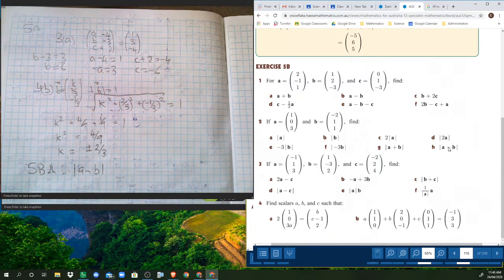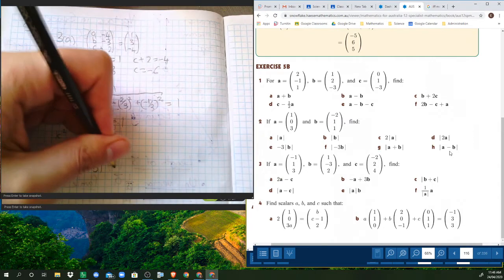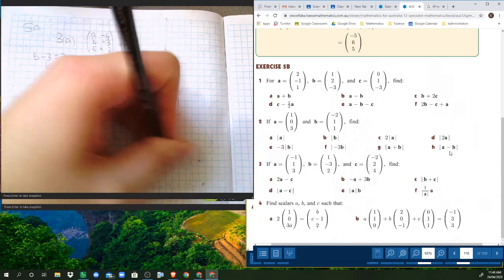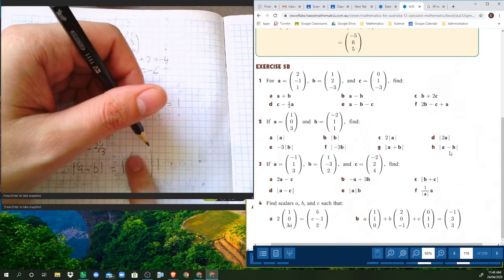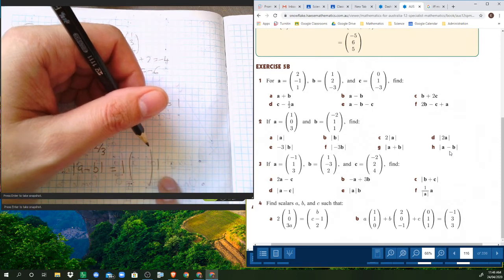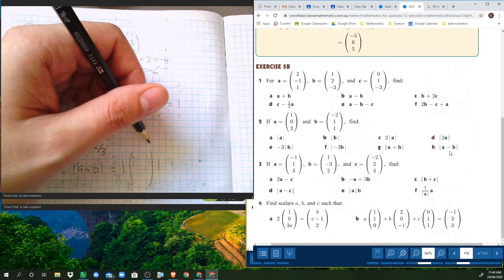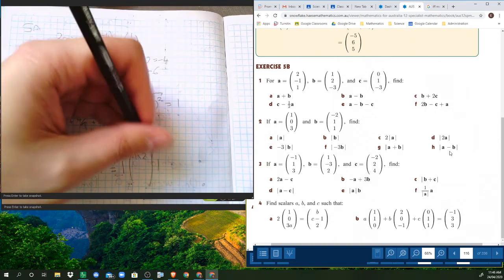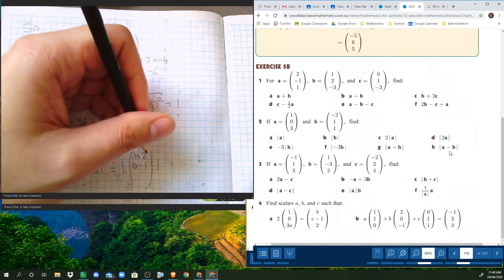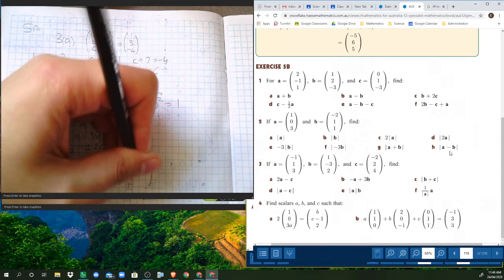A minus B. Okay, and so let's just go, not always conventional, put your vector inside that sort of bracket, just to keep it consistent. So A minus B, there'll be 1 plus 2, it'll be 0 minus 1, 3 take 1.